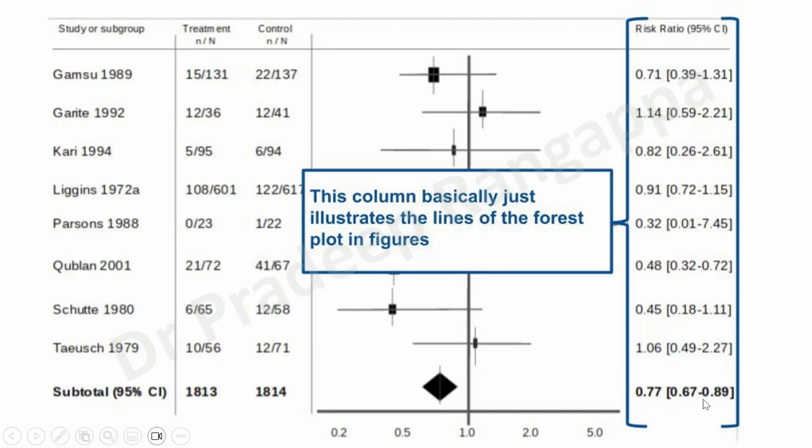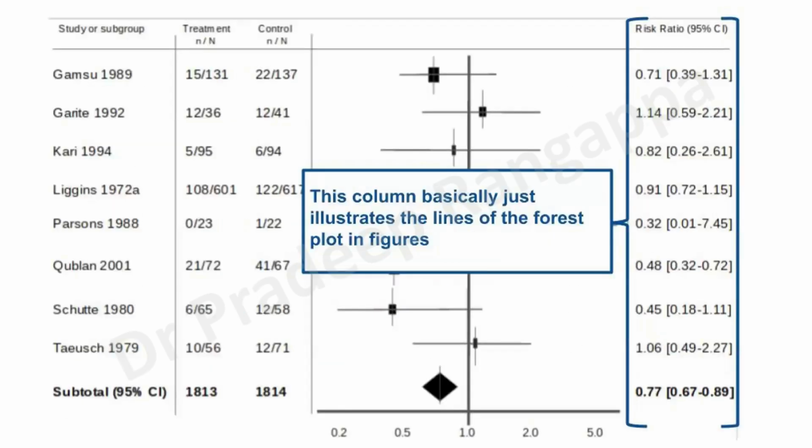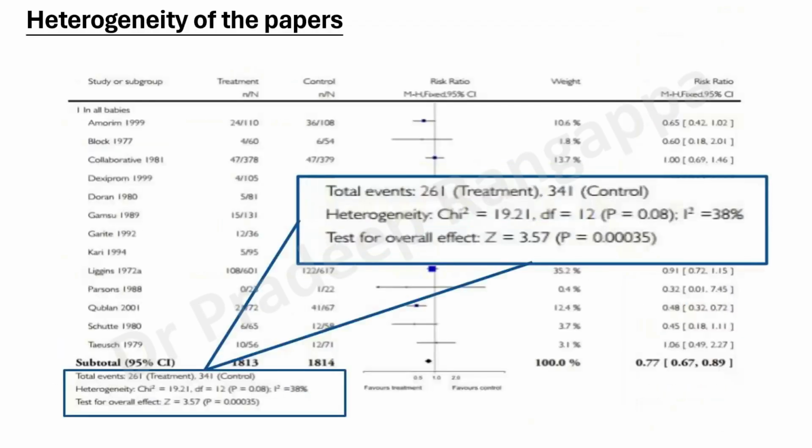So that's why this confidence interval is statistically significant. So it's very simple. I have seen very often trainees struggling to understand when the confidence interval is significant and when it is not significant. The simplest way is to look at the forest plot that will clearly tell you when it is significant and when it is not significant. And this is an important thing which I think all trainees should know.